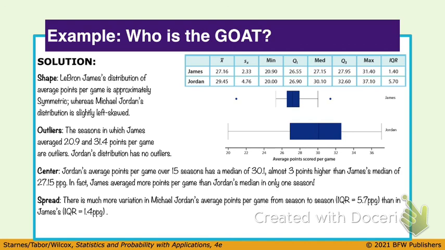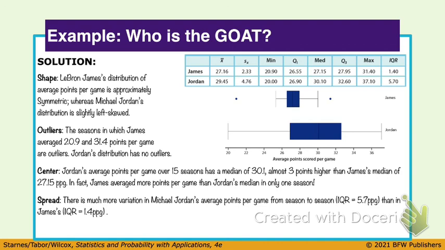It's almost 3 points higher than LeBron James's median. And LeBron James only averaged more points per game in one season than Michael Jordan's median. Michael Jordan's median is higher than almost all of LeBron James' data at all.